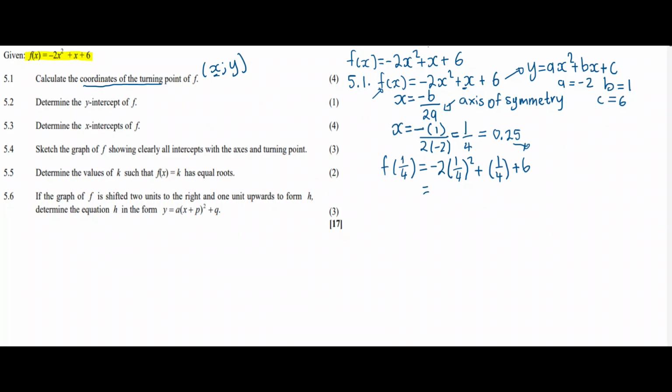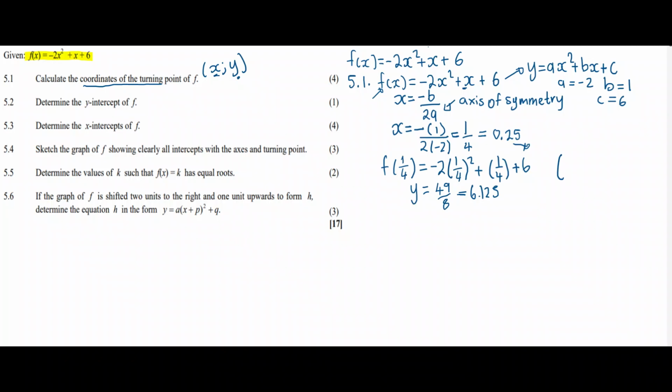Using our calculator, we get that the answer is 49 over 8. Let's just confirm. Yes, it's going to be that. We can change this to decimal form, so the y value is 6.125.